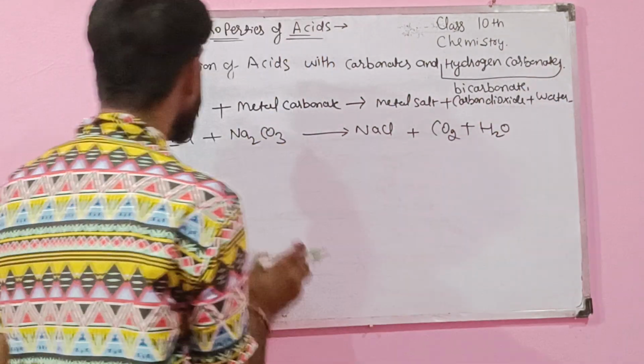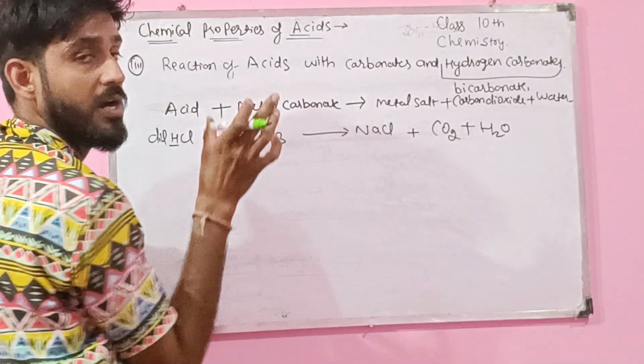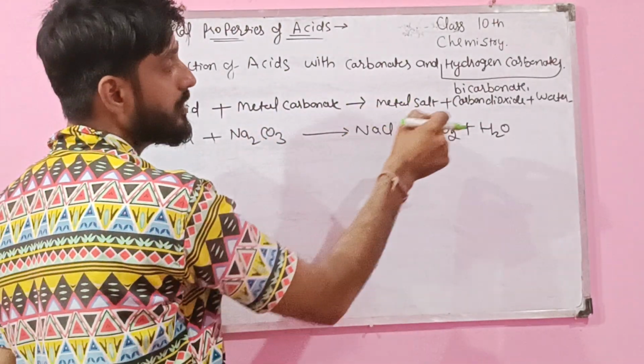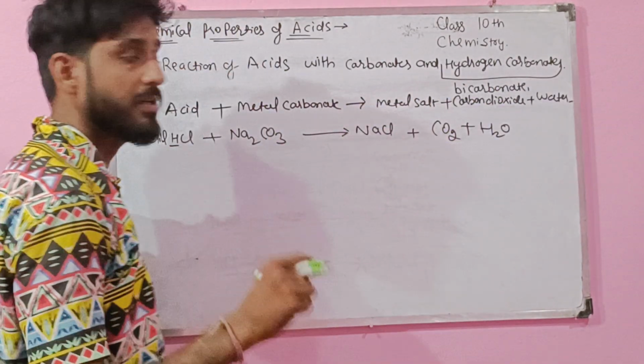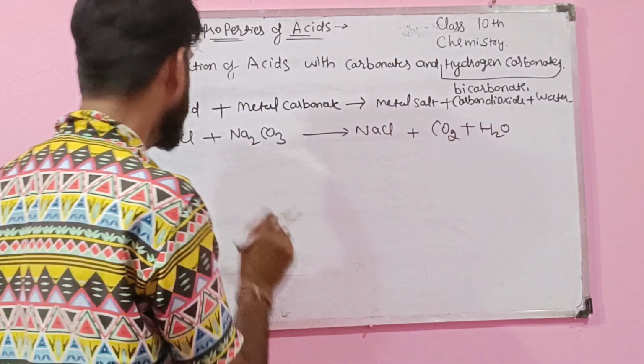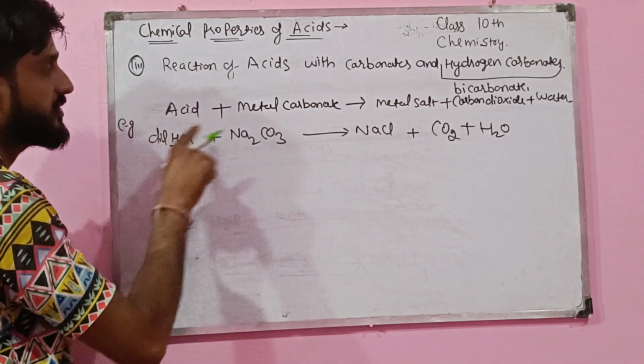So when any acid reacts with metal carbonates, the metal salt plus carbon dioxide plus water are formed. So this is an example of this type of reaction.